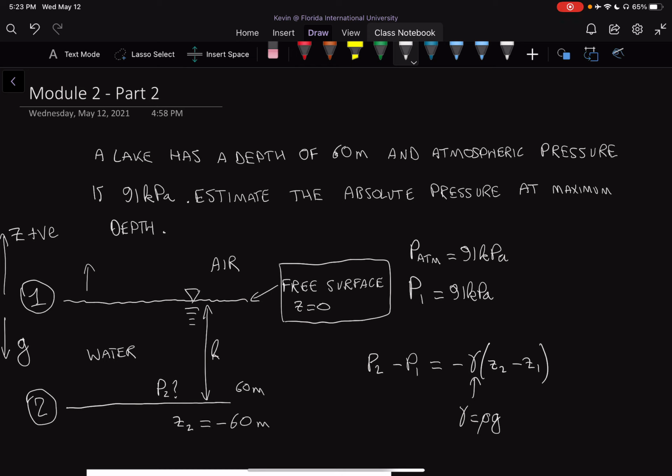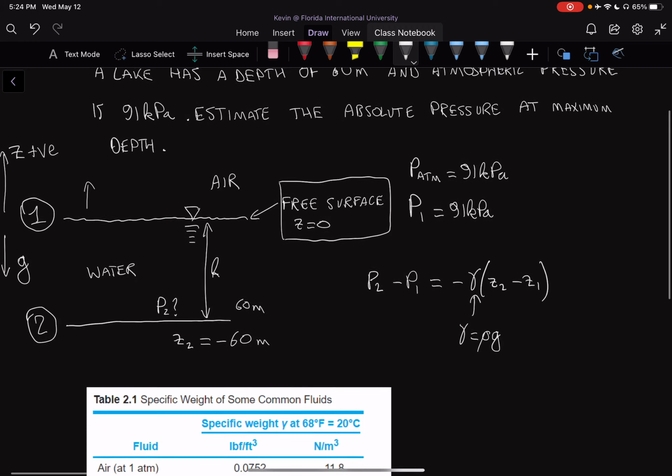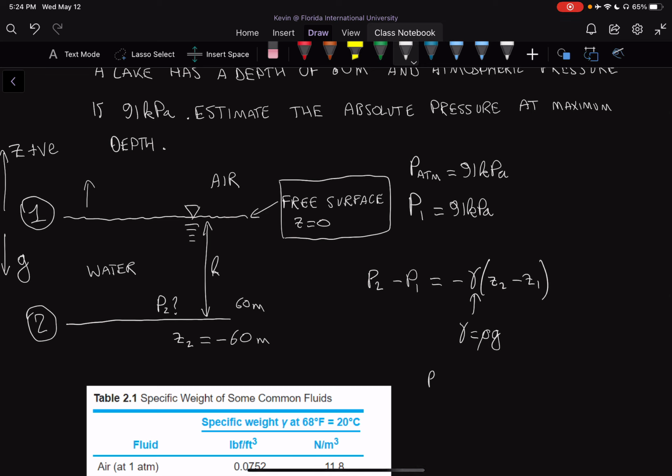So we can plug in already what we have in terms of our data. We can say that pressure 2 minus 91,000 pascals, and notice how I changed from kilopascals to pascals to keep it all in SI units for now, is equal to minus gamma multiplied by z2, which is minus 60.